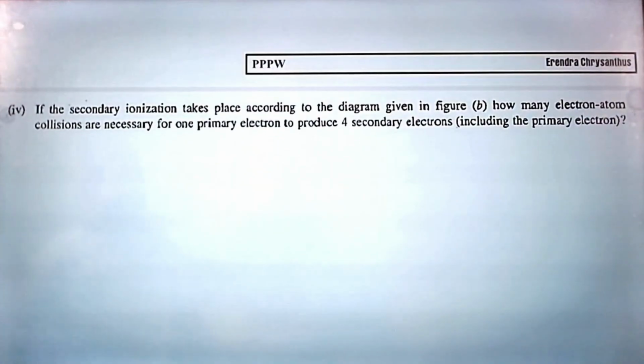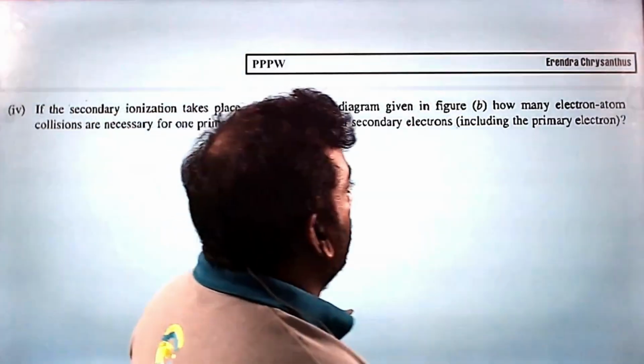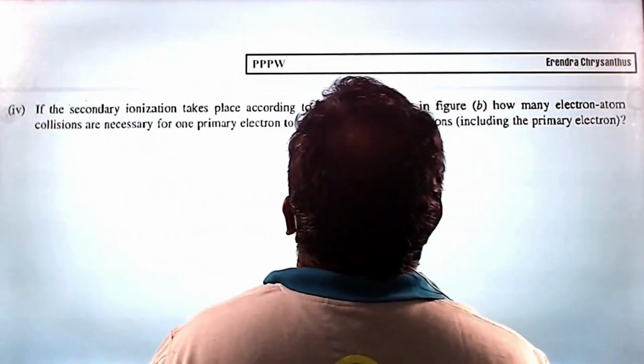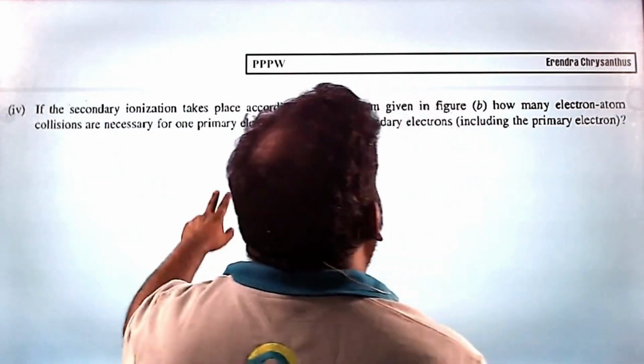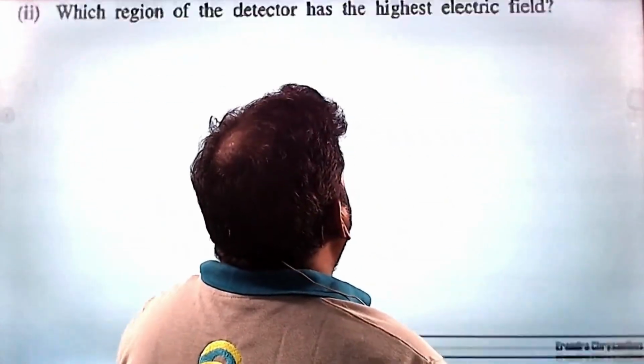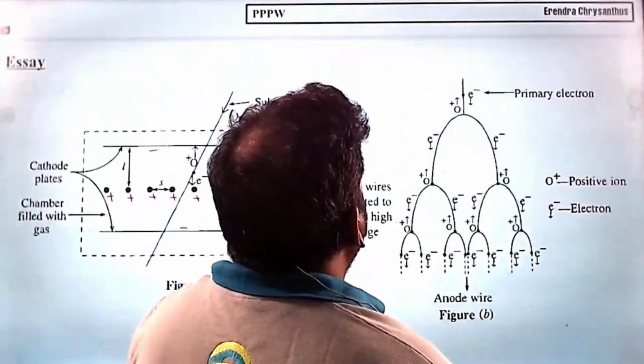If the secondary ionization takes place according to the diagram given in the figure, how many electron atom collisions are necessary for one primary electron to produce 4 secondary electrons? Look at the picture.